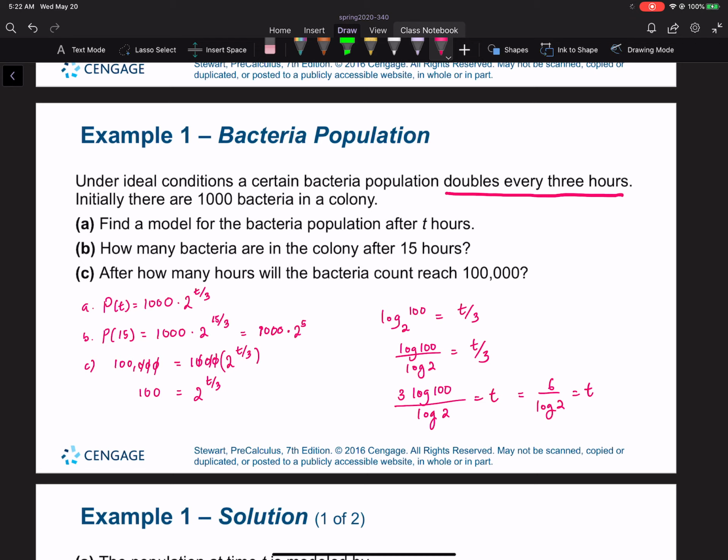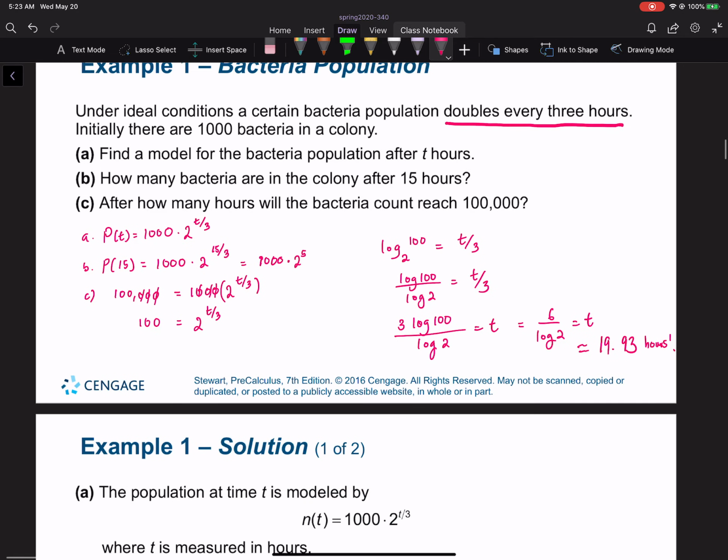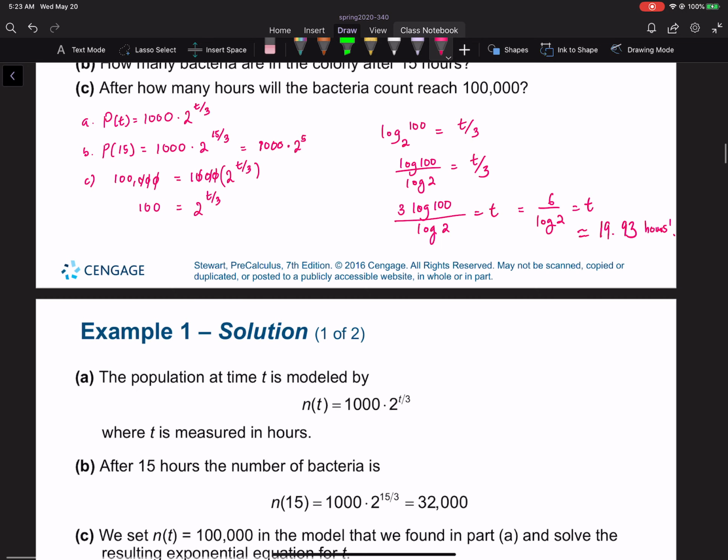If I pick my calculator to calculate that, log 2, I end up getting 19.93 hours. Okay. All right, let's see what they did.